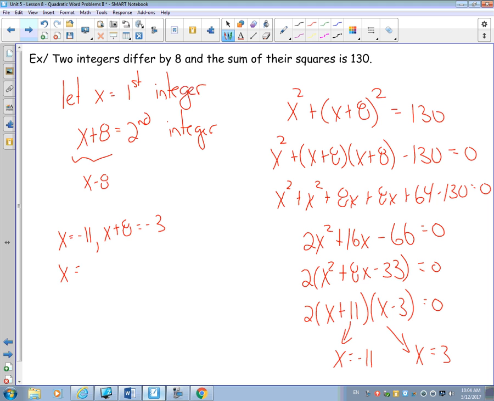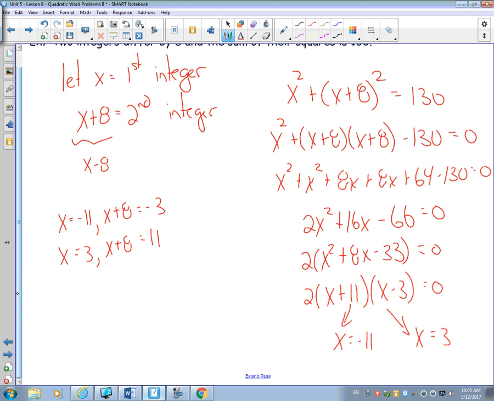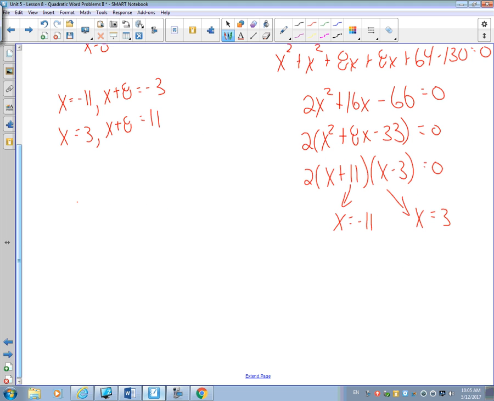Or if x is 3, then x plus 8 comes out to 11. Okay, so I need my therefore. The integers are negative 11 and negative 3, or 3 and 11. And the whole thing about squaring them gets rid of that sign every time.